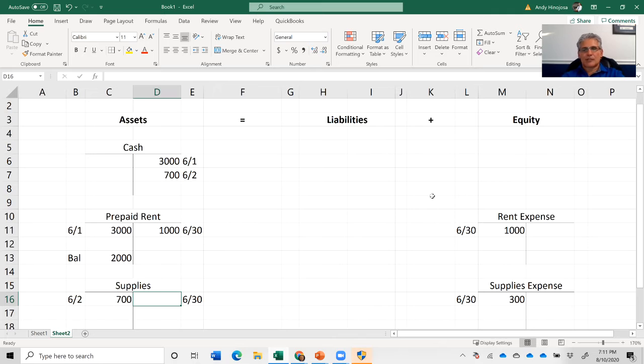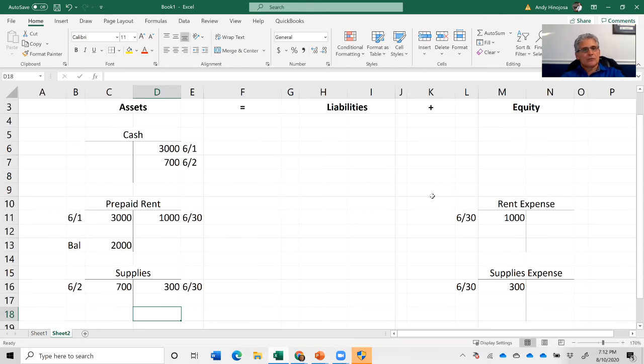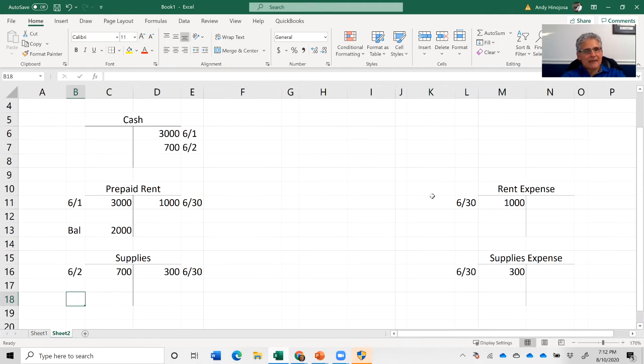We're going to credit the supplies account for $300. So what does that mean? That means the balance after that journal entry, the balance of supplies is exactly what I told you it was. It's $400. So now we know that supplies is reported accurately, because had we not made this adjusting entry, we would still show supplies at $700. But in fact, we actually used up some of those supplies, and so therefore we make an adjusting entry to account for that which has already been used.